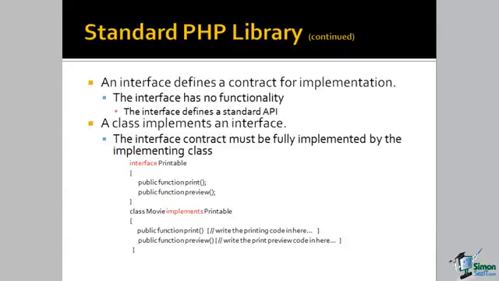preview. So when my movie class implements the printable interface, along with any of its other functionality, it must provide the definition of a print and a preview function, so that this guarantees for anyone that wants to use a class that is printable because they have implemented the printable interface, it guarantees for that user of that class that they can call the print function or that they can call the preview function.